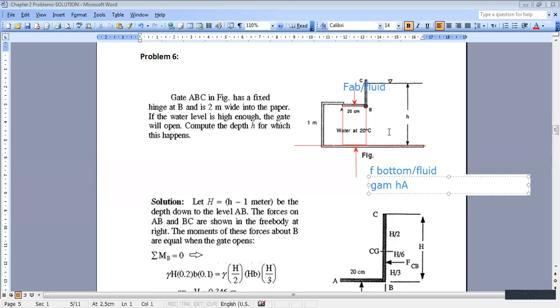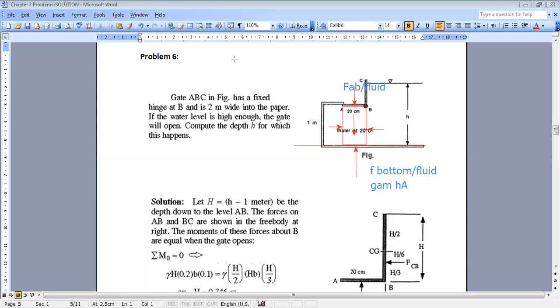Now, at the horizontal level, these two will cancel out. This part and this part cancel out because they are in the horizontal direction and they are opposite to each other. And I still have what as a force in addition to these two? I have the weight of this part, the weight of fluid in this volume.